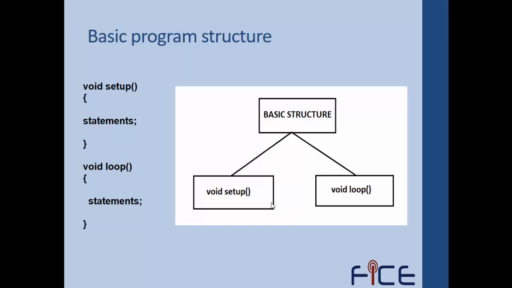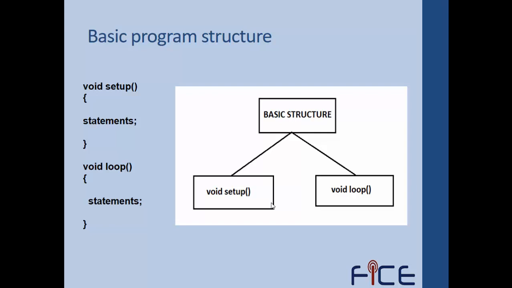So if you want to define some pin and define the operation of the pin, that is to be written in void setup. Second, if you want to monitor, for example, the temperature, so we want to read the value of the temperature sensor again and again continuously, maybe every 1 minute, every 10 minutes, every hour.